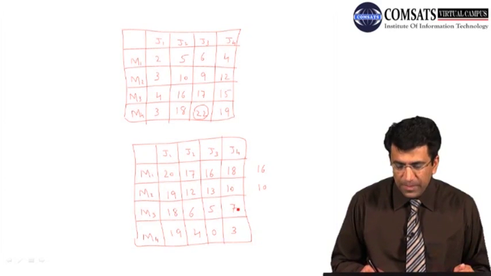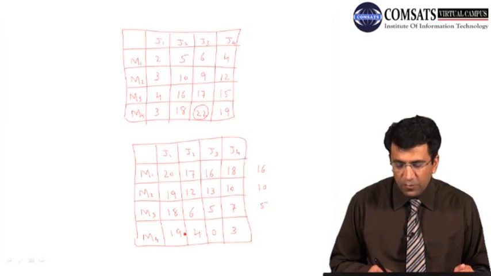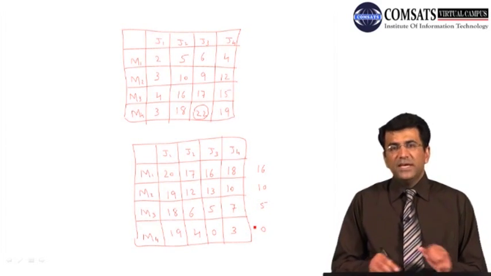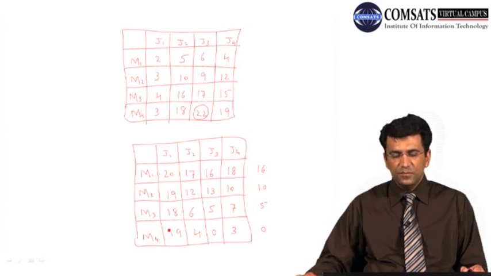In the third row the minimum value is 5. In the fourth row the minimum value is 0. So in the next step we will again draw this matrix in order to subtract these values from each row.